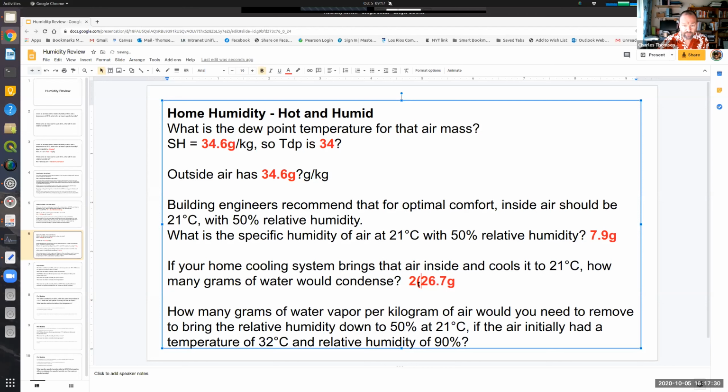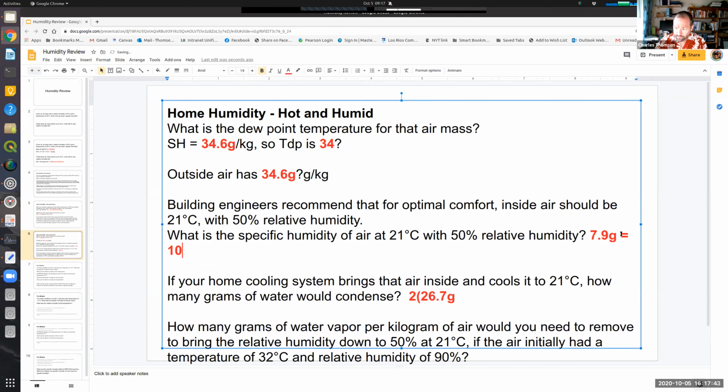Okay, because the way we got that, I was gonna say if I just give the answer and I had no clue what's going on, 7.9 equals max divided by 2? No, times 0.5. Yeah, okay, that's good.